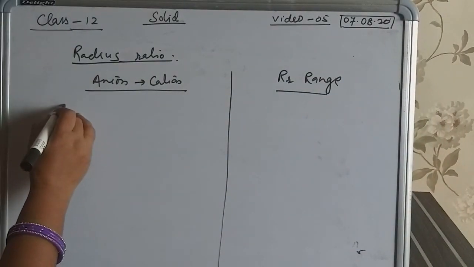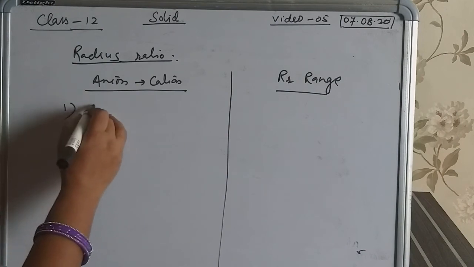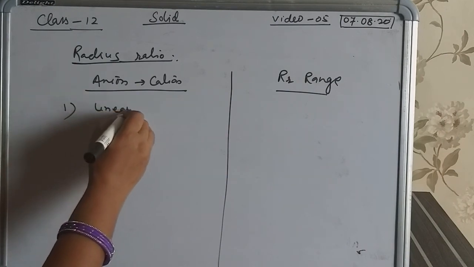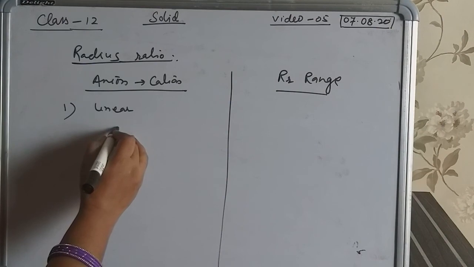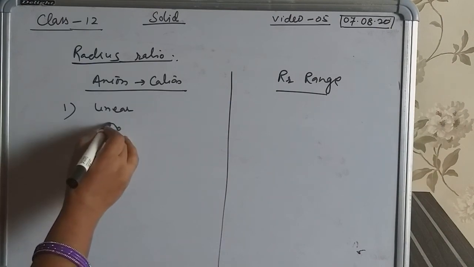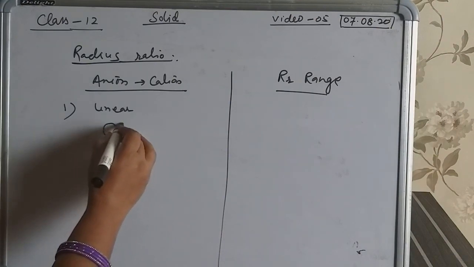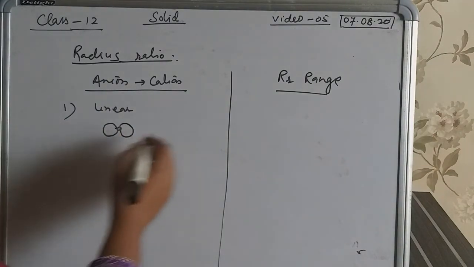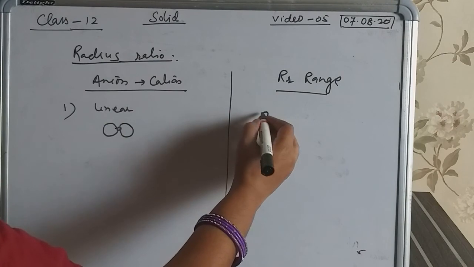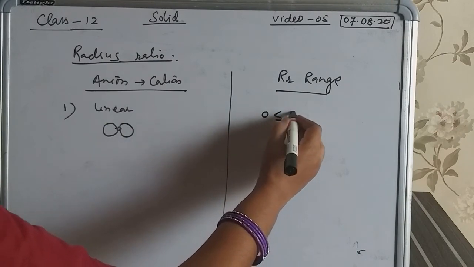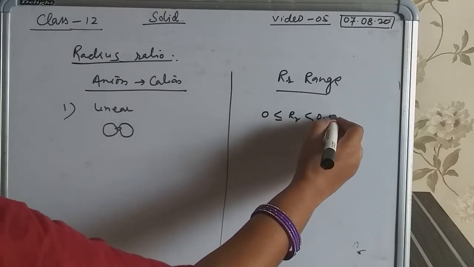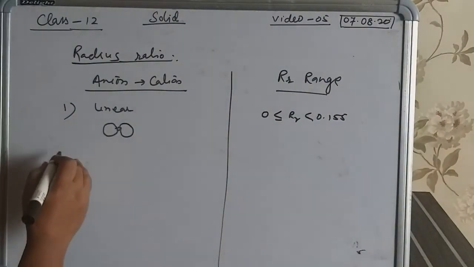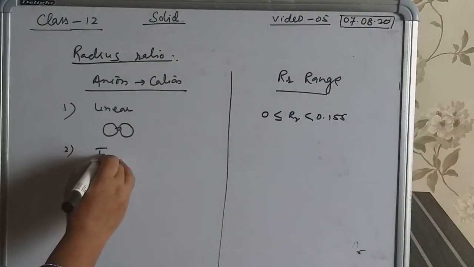At first, suppose we talk about the linear shape, where this is the cation and one anion is here and one anion is here. For this type of shape, the radius ratio is 0 to 0.155. Number 2, triangular voids.